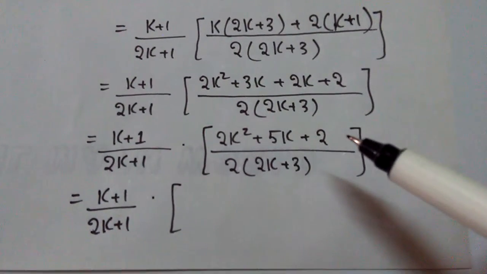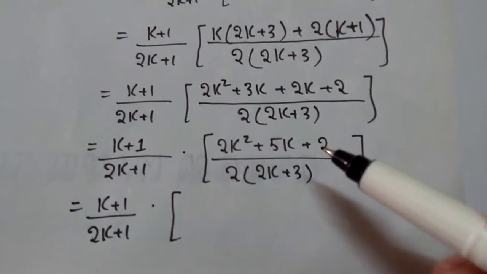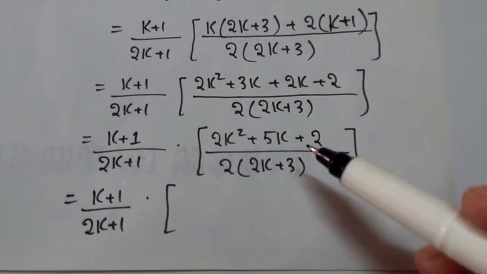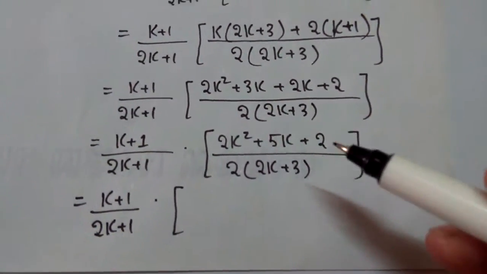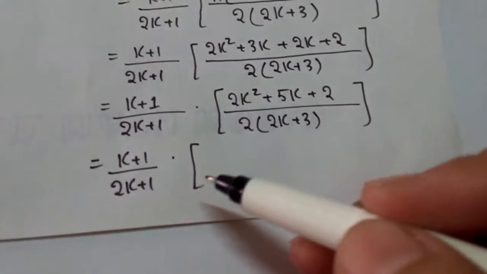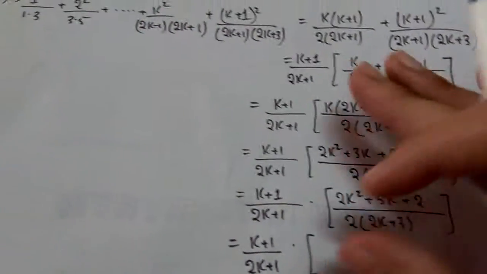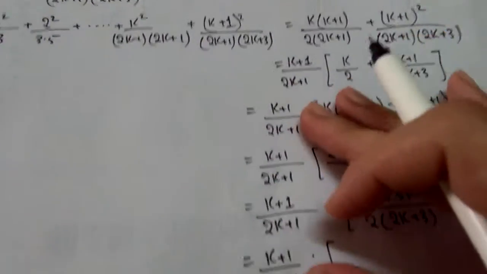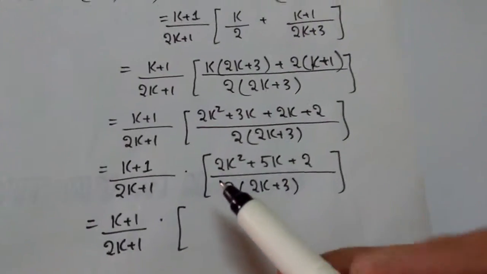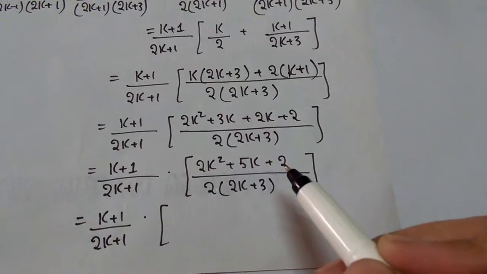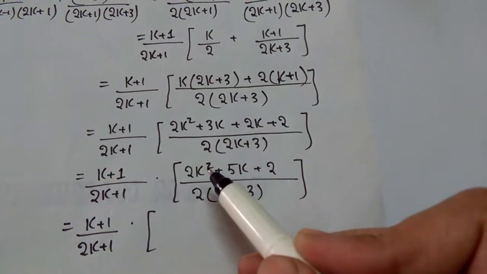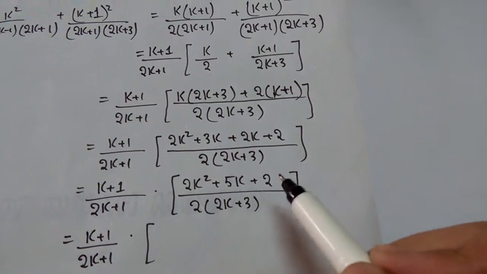Now the quadratic expression is quite clear to us, and let us now factorize it, in order to get the two factors so that I could cancel one of them and get the desired form. So what you do is multiply the constant term with the coefficient of the highest power variable over here, so it gives you 4.